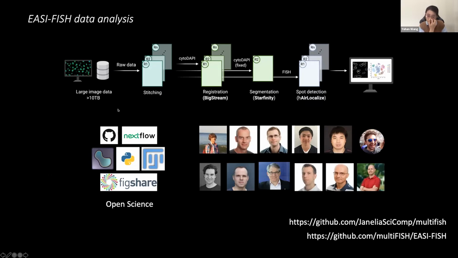The next step is we stitch this data after it is collected on the light sheet, and then we register these images across different rounds, segment based on the cytosolic stain, and perform spot extraction. Then we basically get a spreadsheet that tells us where each cell is and what kind of gene is expressed.